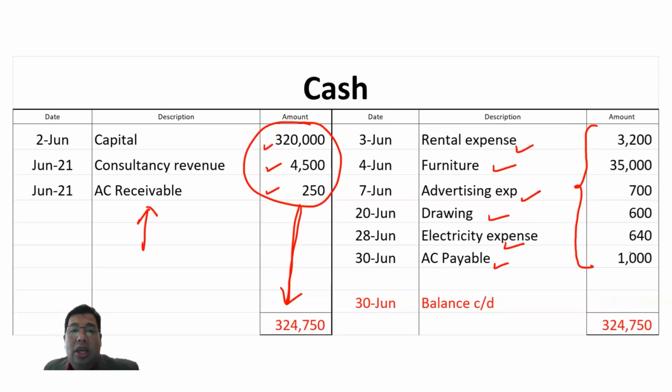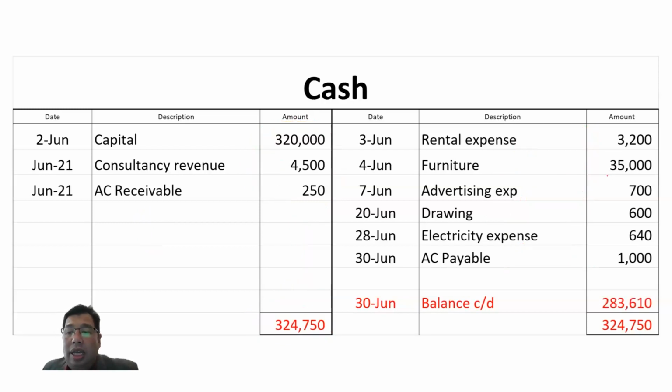It's very easy. Total your debit, so this is the total, and then you're going to subtract your total credit. So this gives you a balance. Okay, so the balance is 283,610.